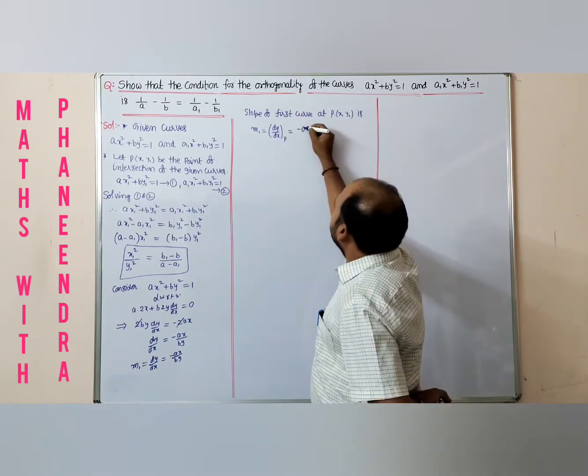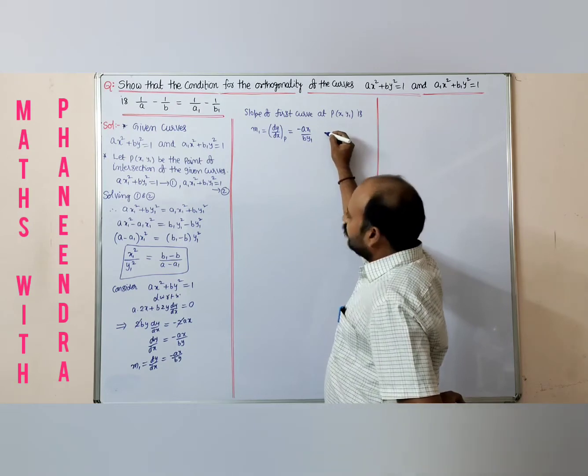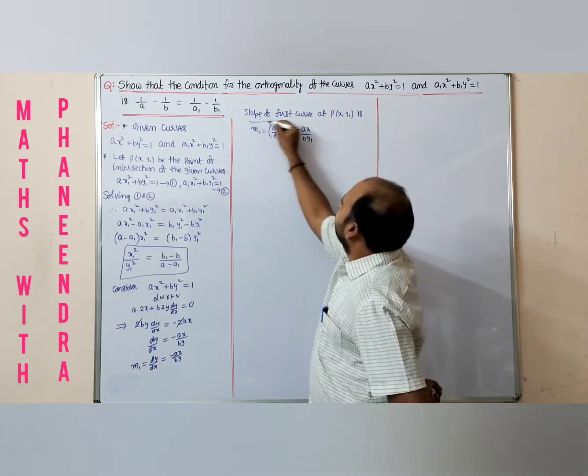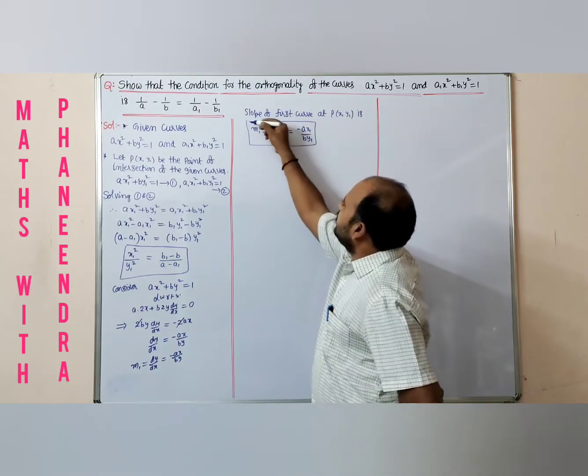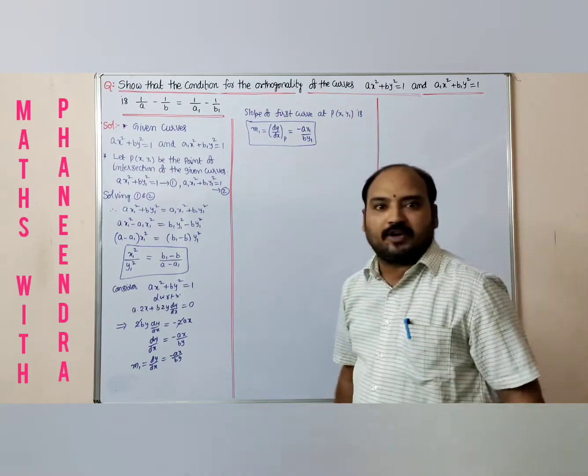So minus ax1 divided by by1. Therefore the value of m1 is minus ax1 by by1. Slope of the first curve, we got it.